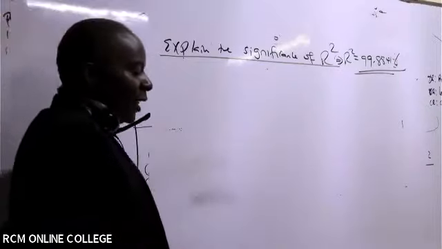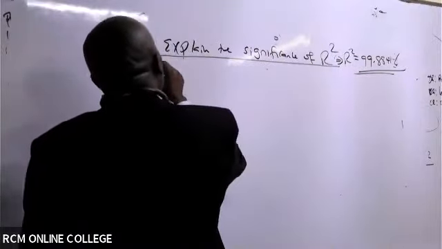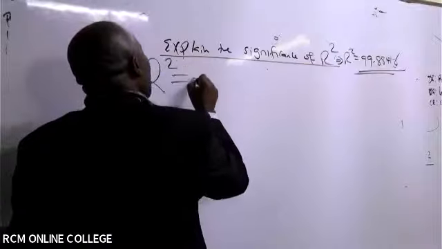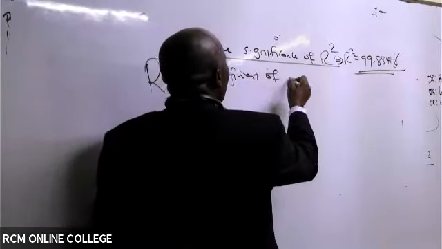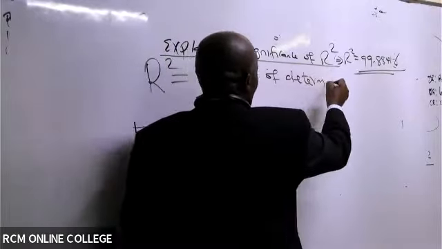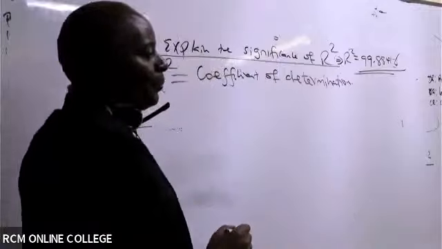So explain the significance of r squared. If you remember very well, this r squared is also known as the coefficient of determination. Not correlation, but determination.